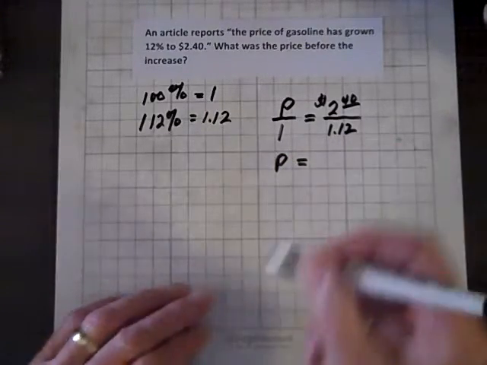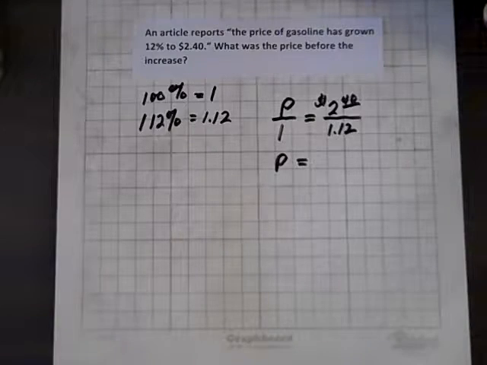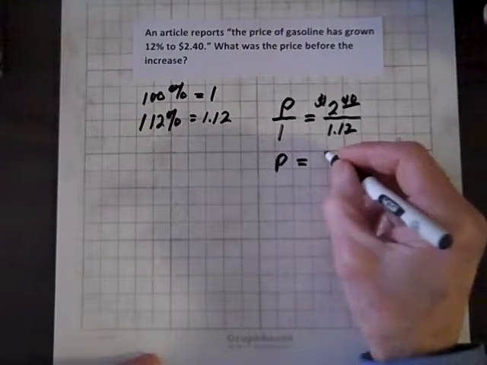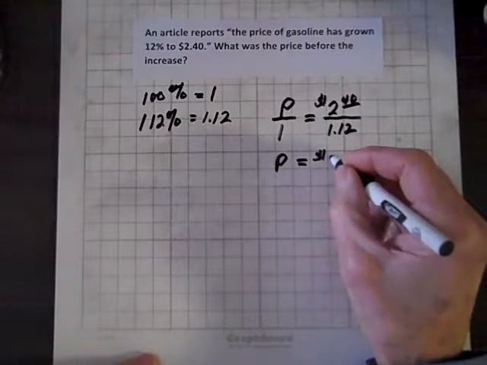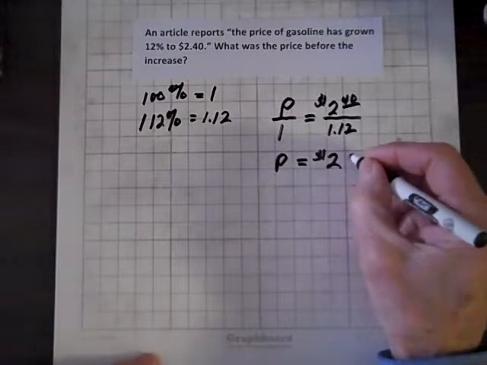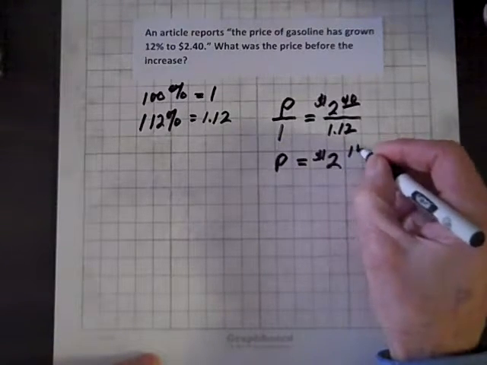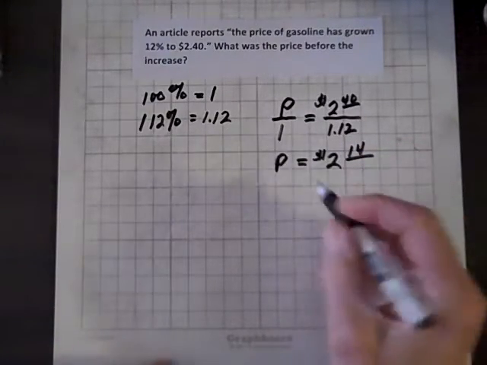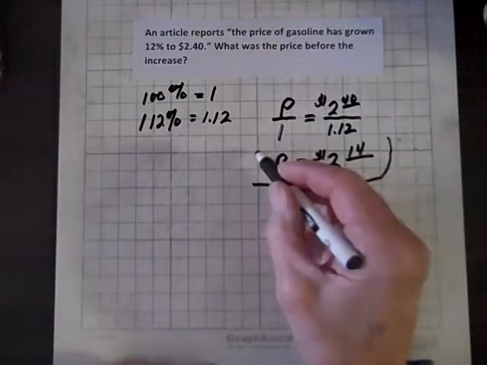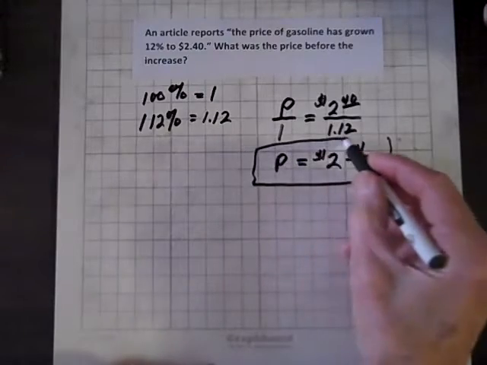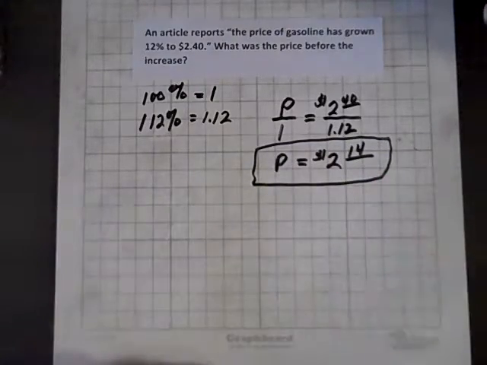And if we carry out this division, and in this case we want to use a calculator, we'll get $2.14. And that was the starting price of gasoline prior to the price increase.